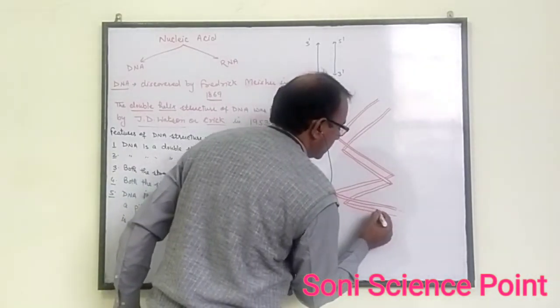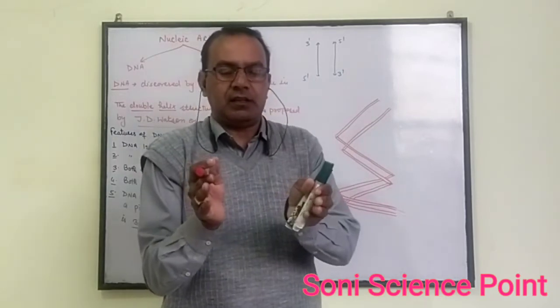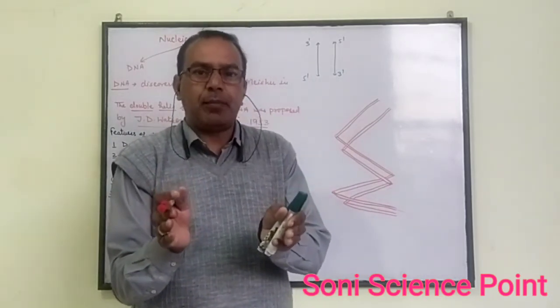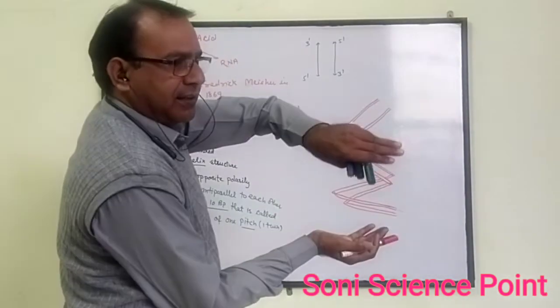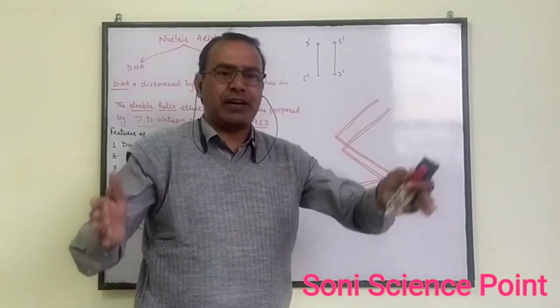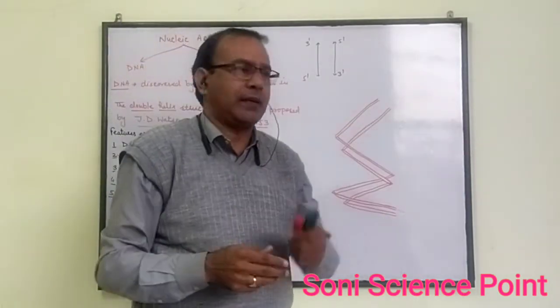It means DNA is double stranded, one strand here, the other here. Mostly DNA coils clockwise or right-handed. Suppose we have a stair which has railing on both sides, then it will turn clockwise like this.